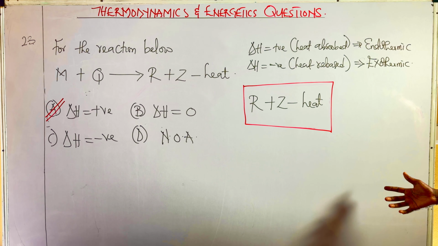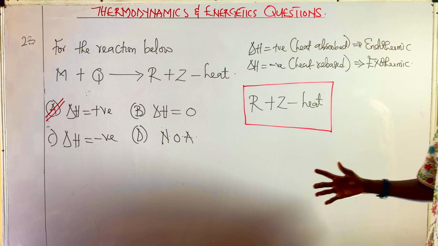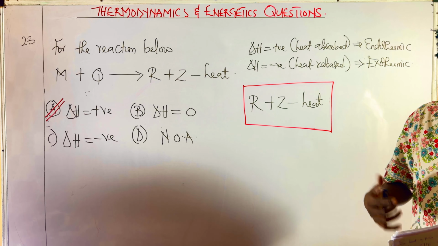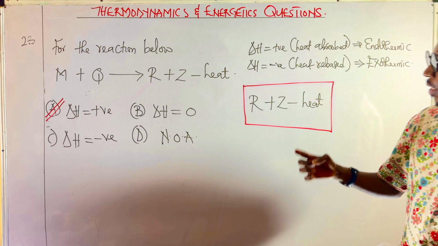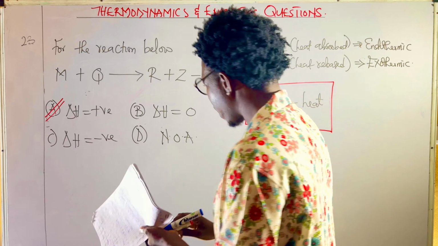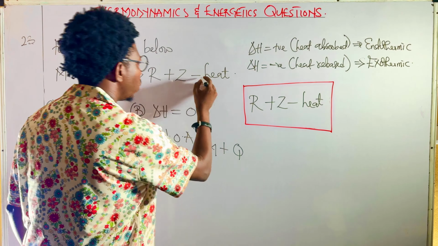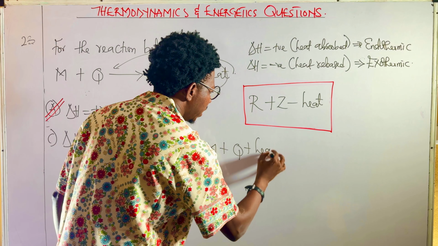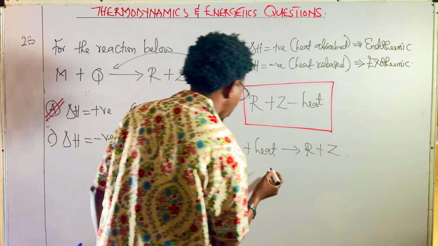Clear? Good. Now, if you want to really know if we are correct that this reaction absorbs heat from the surrounding to occur, the reactant needs to absorb heat. If I take this heat across this side, I'm going to have M plus Q plus heat giving R plus Z. What does it mean?